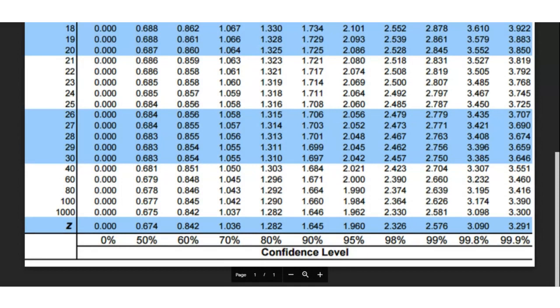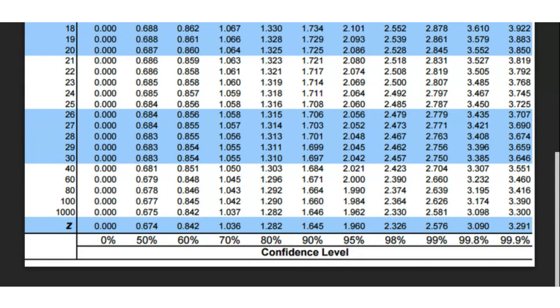Now, 50 is not on here because the way this table works is it goes from 1 to 30 by ones. And after that, it starts skipping to tens. So, like everything else, this table errs on the side of caution. If you had 50, you wouldn't go up to 60. You go to the next lowest one.